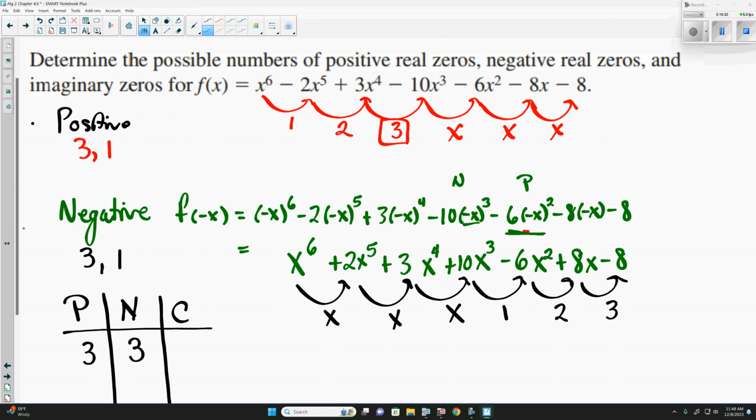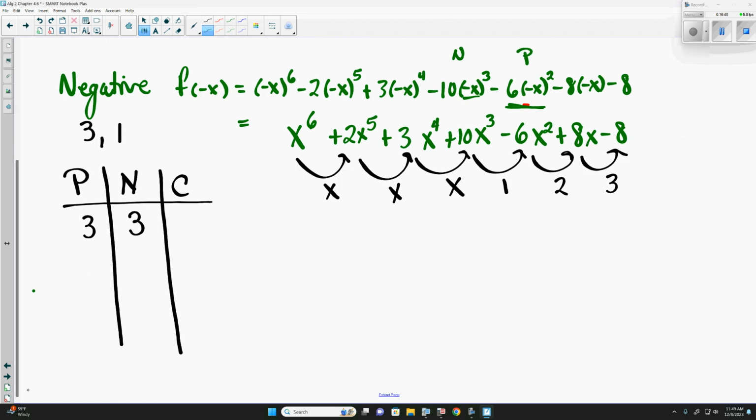Yes? Well, the degree of our starting polynomial is 6, so according to the fundamental theorem of algebra, we should have 6 solutions, yes? So looking at the chart, if we had 3 positives and 3 negatives, we should have 6 solutions, yes? So are any missing? No, so the number complex is 0.